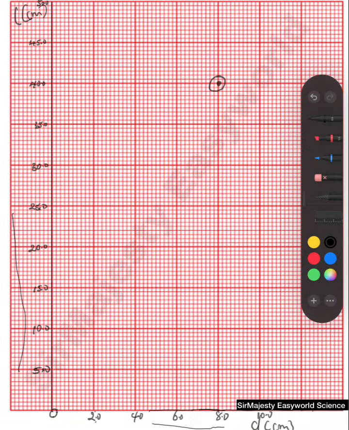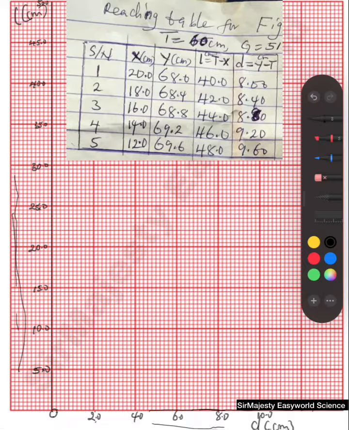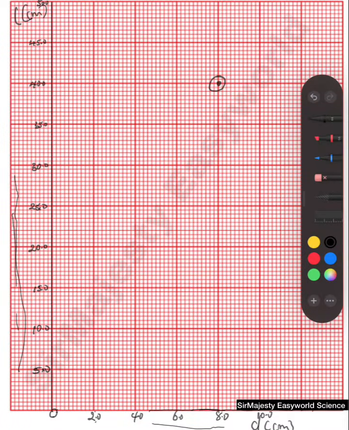42 against 8.4. Look for 42 along this line. This is my 40. And we know that each 2 lines represent 1. That is 40, 41, 42.